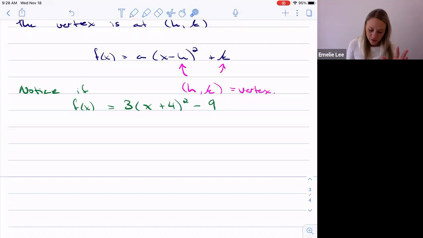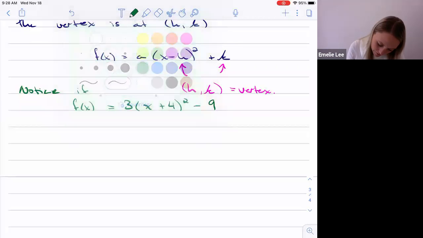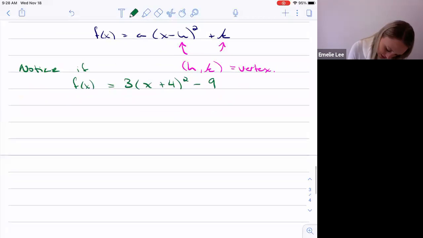What are some things we talked about? Well, a here is positive, so it's pointing up, which means my vertex must be a minimum value. And I also know what the vertex is. The vertex here, h, has to be negative 4, and k must be negative 9. It's plus k, but it's minus 9, so it must be negative 9.